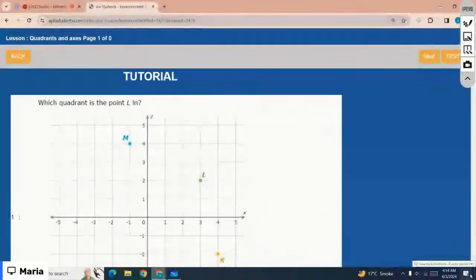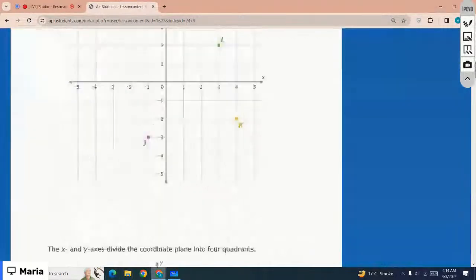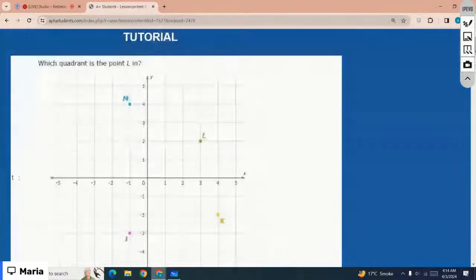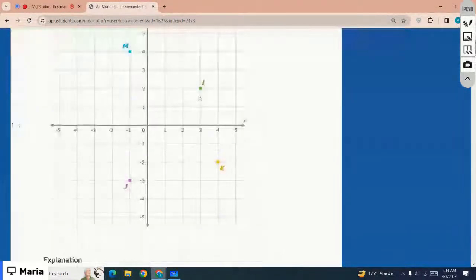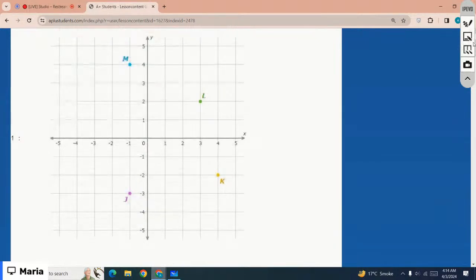Which quadrant is L in? Okay, where is L? Here it is. Which quadrant is it? That is the first quadrant. L is in the first quadrant, right? Let's start with the practice questions.